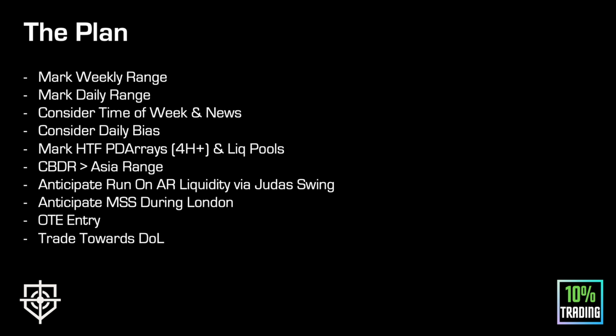I hope it's quite logical. We start on weekly because it's the higher time frame. We move to daily. We consider news because we know it affects price. Consider the daily bias because we're trading on that specific day. Consider the arrays that were around. Let's get on the charts and try to actually frame all of this.